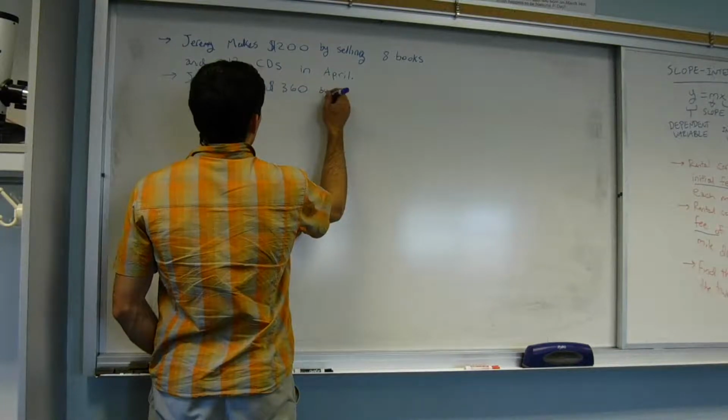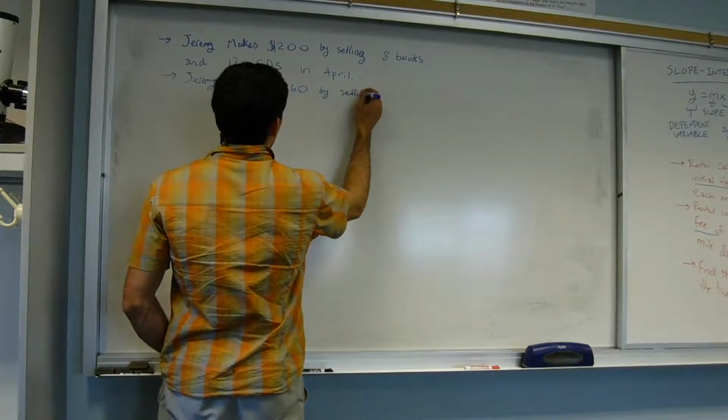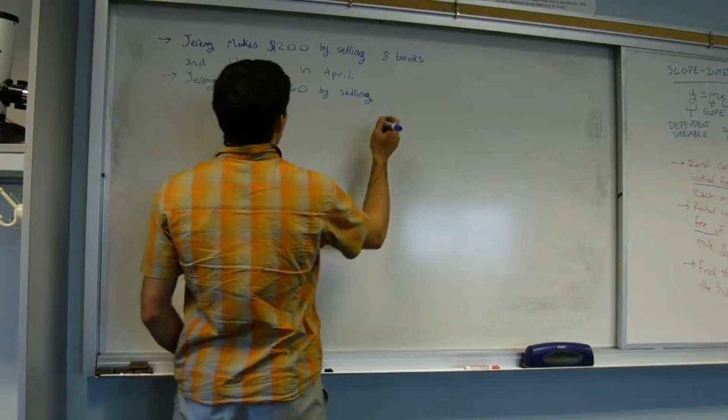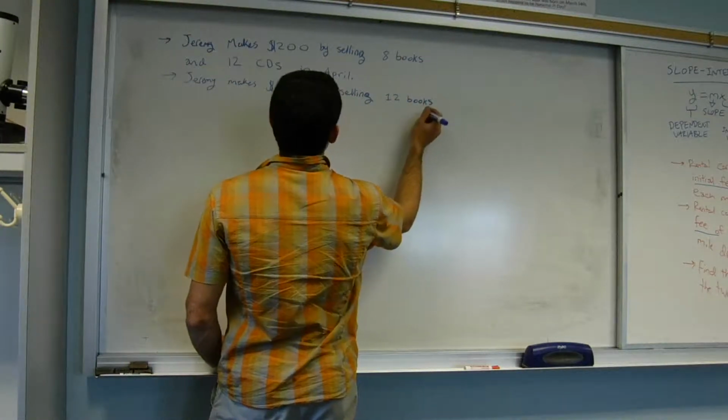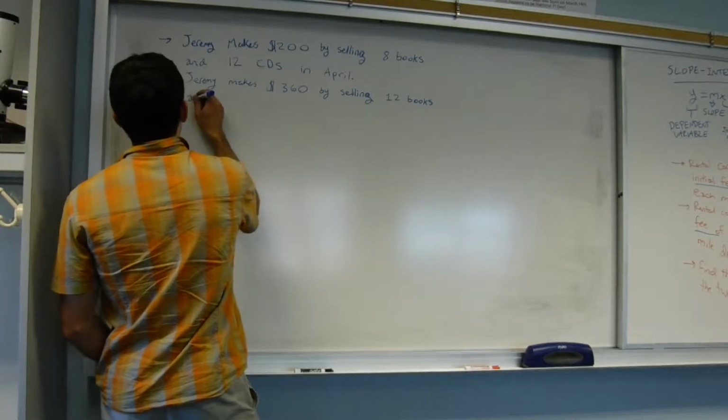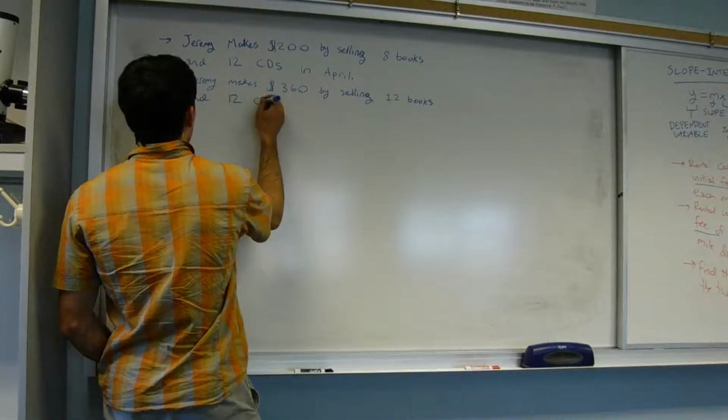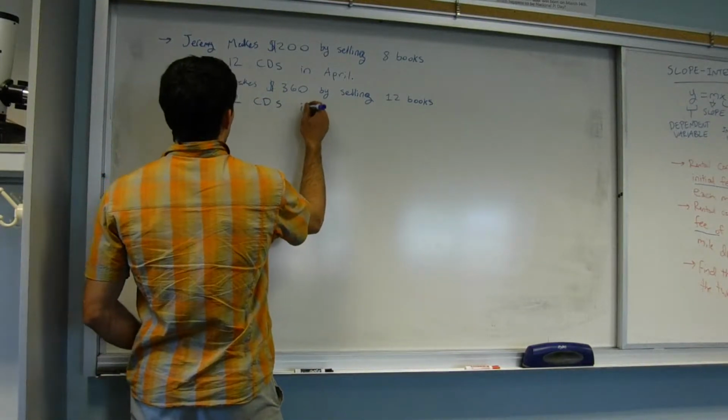And let's say Jeremy makes $360 by selling 12 books and 12 CDs in May.